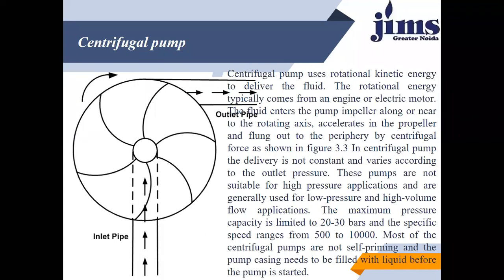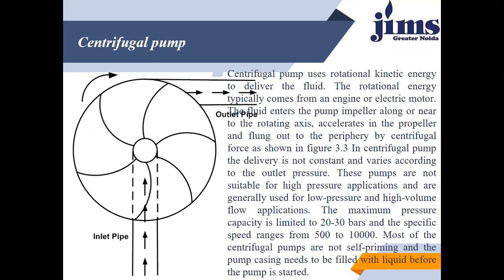But suppose you are looking for higher pressure than this, then what do we have to use? We have to use one more stage, and that will be clubbed together, so that the pressure will be summed up and we achieve whatever pressure we are looking for.